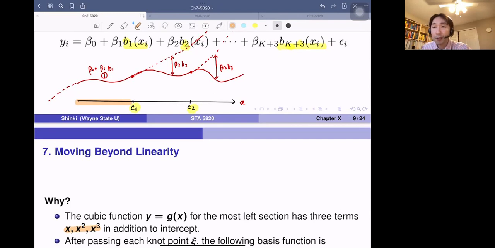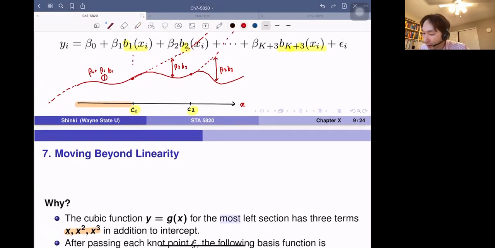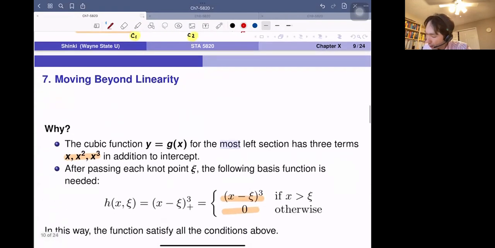X minus C1 cubed changes only slightly when x is around C1, so we can smoothly change the trend at C1. Until C1, we only have beta naught plus beta 1 B1, and after that, we introduce another cubic curve that starts at 0 and changes slightly.